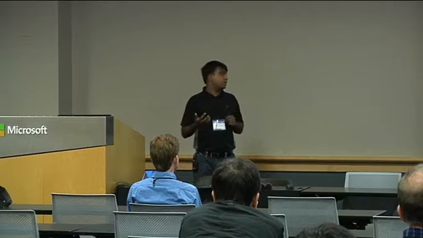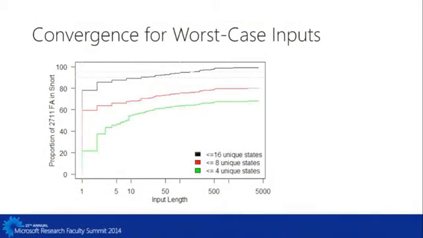And we have found that the cost of doing this enumeration is proportional to the number of unique states, not the number of states in your finite state machine. And what we have found is that many finite state machines that you get in practice have enough structure that there's a lot of convergence in them. Okay? And here's a graph that demonstrates this.